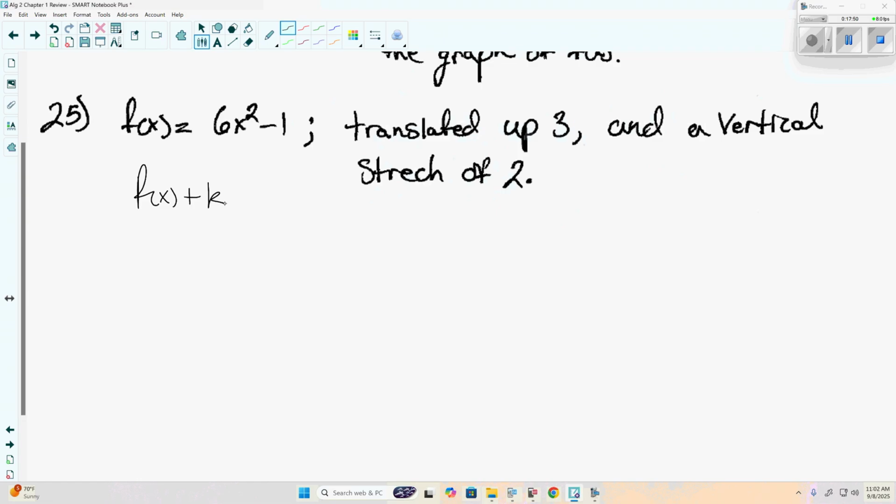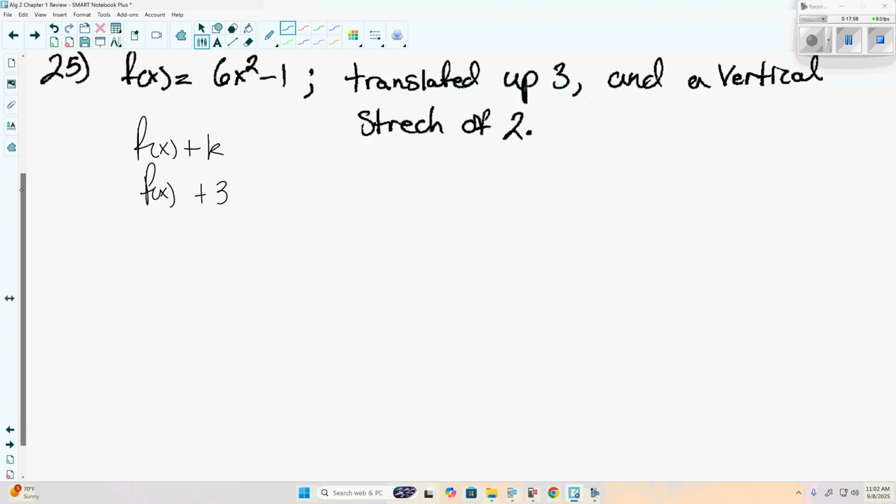Since we're moving up 3, the value of k is +3. At this point here, we still have f of x, so we're going to replace it with its function. Notice that we have 6x squared minus 1 plus 3. We substituted the f of x equation in for f of x.